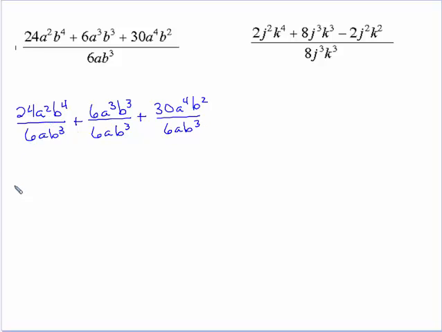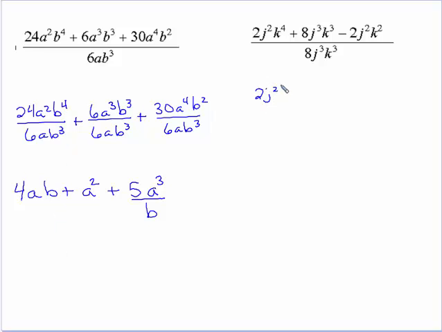So 24 divided by 6 is 4. 2 minus 1 is 1. 4 minus 3 is 1. 6 divided by 6 is 1. 3 minus 1 is 2. 3 minus 3 is none. 30 divided by 6 is 5. 4 minus 1 is 3. 2 minus 3, so actually it's going to be 3 minus 2, and I'm going to have 1 in the denominator.